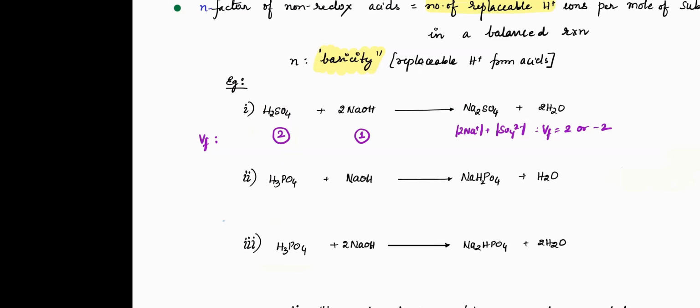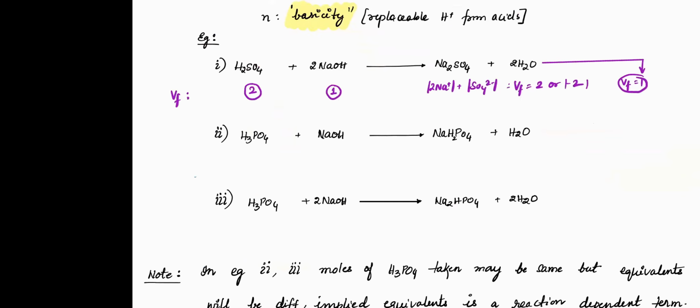But you know that valency factor is always a positive value, so you always have to take the mod of this one. Got it? And what about water? See, water can be thought of as both acid and base. If you think of it as an acid, it has absorbed one H plus, being OH minus. Hence, we can say valency factor for this is 1.